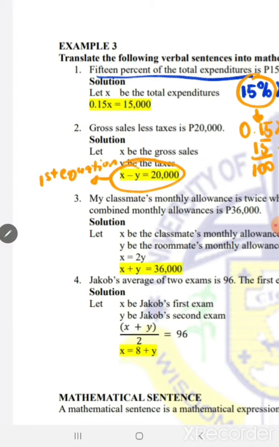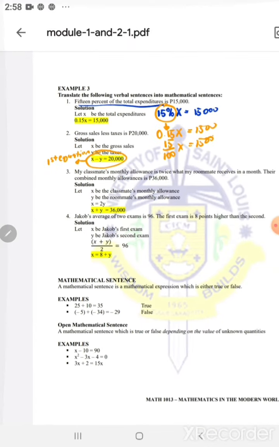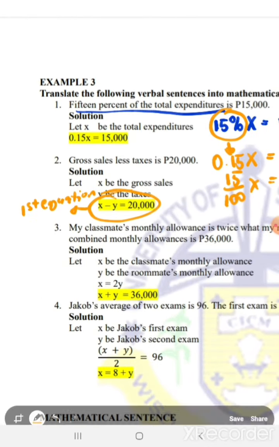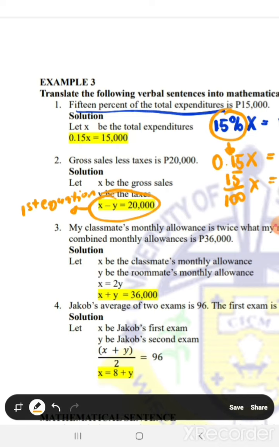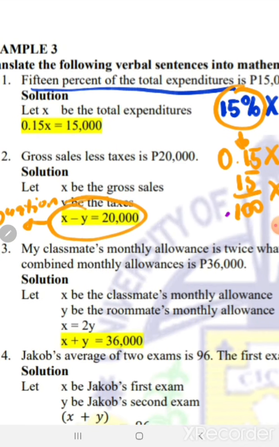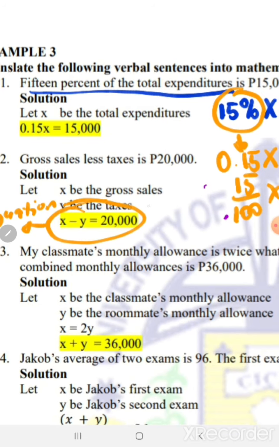The problem for this example is that it is not solvable, basically because it has only one equation. The requirement in order to solve problems like this is that you should have two equations, two unknowns.